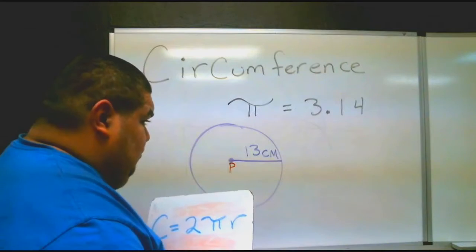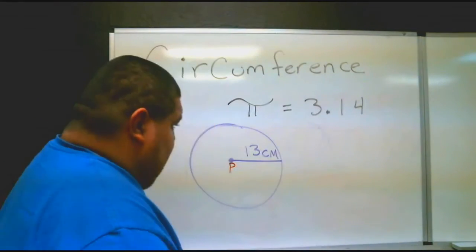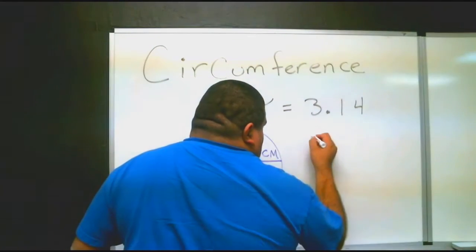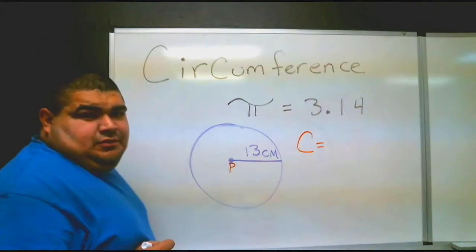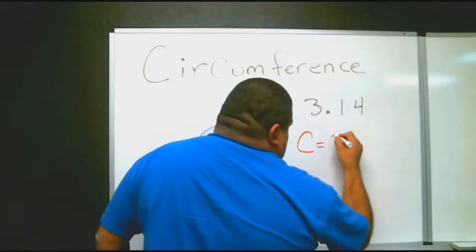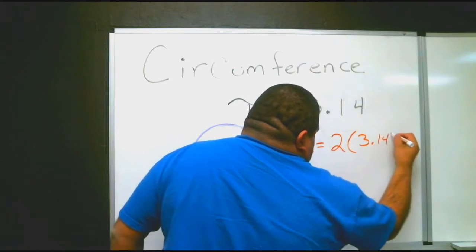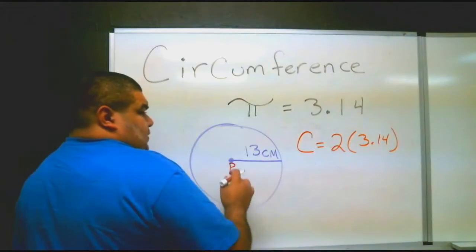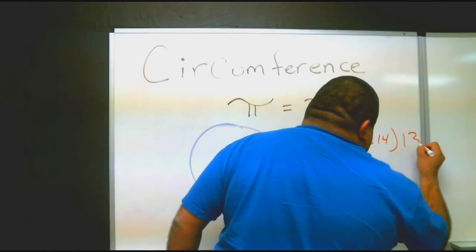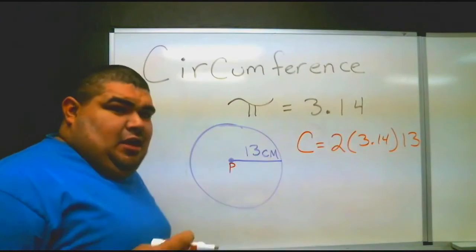So circumference equals 2 times 3.14 times 13. This is where we need to calculate.